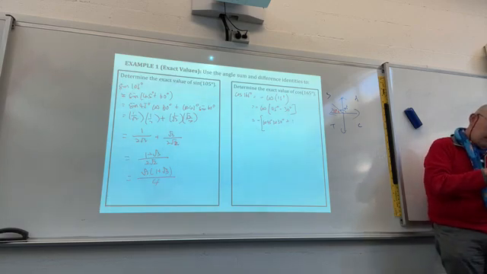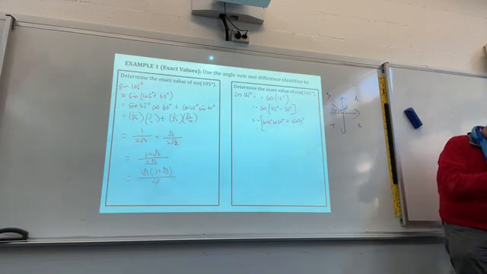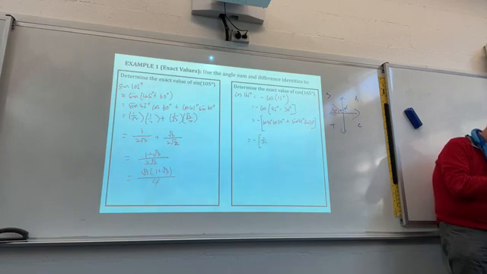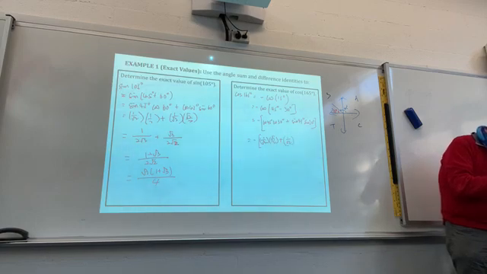Plus sine 45 degrees sine 30 degrees, which is minus: cos 45 is 1 over root 2, cos 30 is root 3 over 2, plus sine 45 is 1 over root 2, sine 30 degrees is half. That equals minus root 3 over 2 root 2, plus 1 over 2 root 2, which equals minus (root 3 minus 1) over 2 root 2.